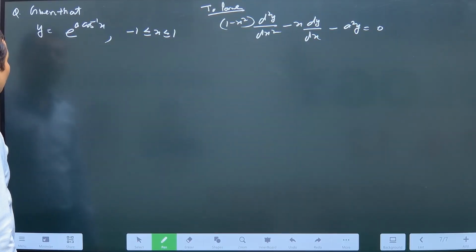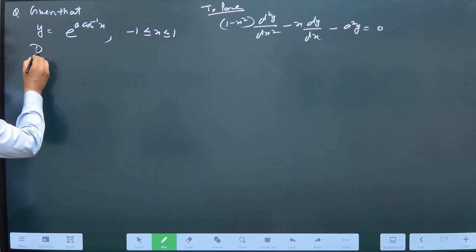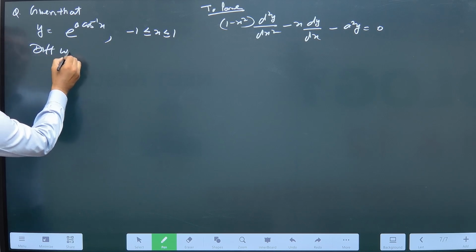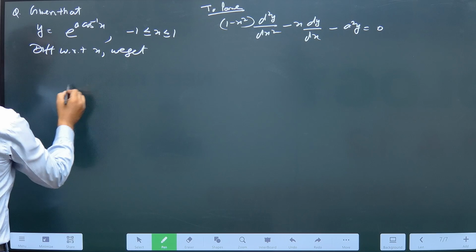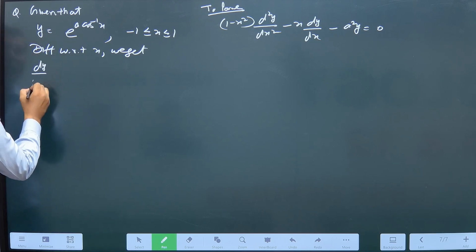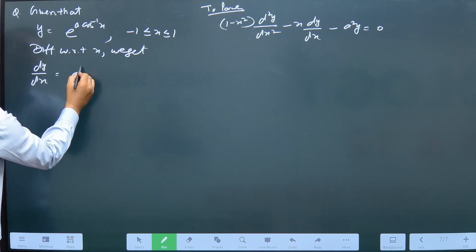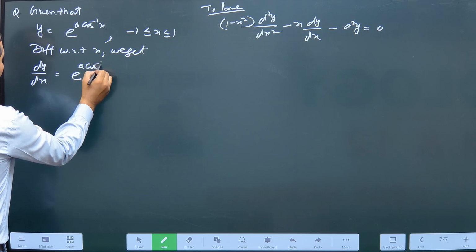Yes beta, solve it. Differentiate with respect to x, we get dy upon dx is equal to e raised to power a cos inverse x.